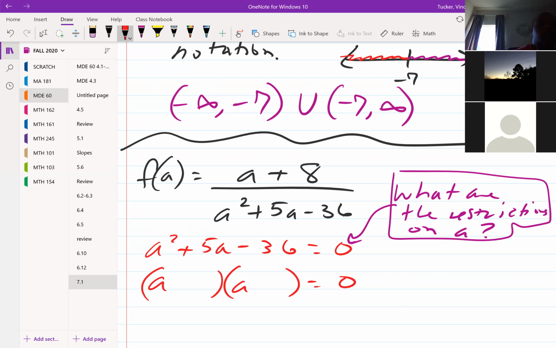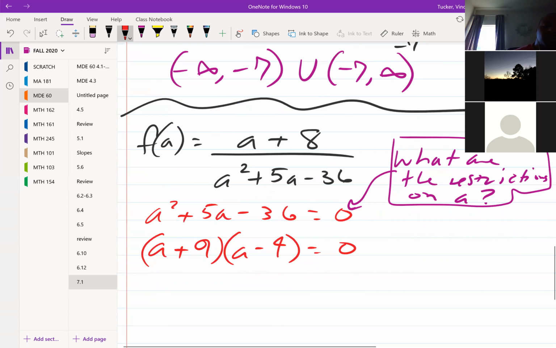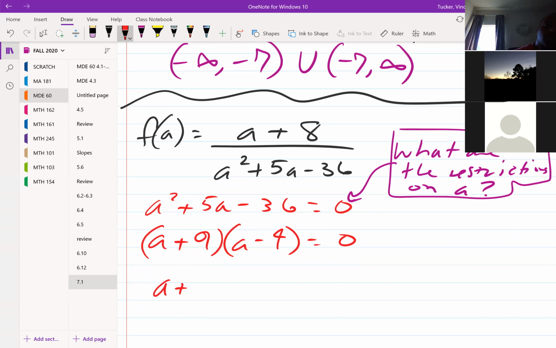So factors of 36 that will subtract from each other to give us 5 would be 9 and 4. The 9 will be positive, the 4 will be negative. Set each piece equal to 0.